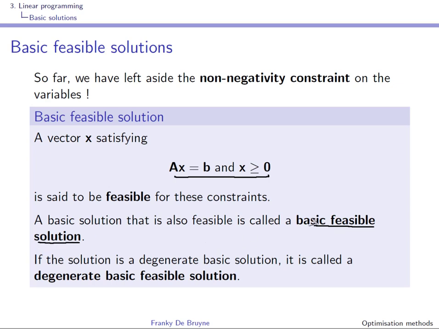Remember that in a basic solution we have n minus m components of x that are 0, and the m components that are non-zero are assumed to be non-negative. And if we have a degenerate basic solution that is feasible, meaning all components are larger or equal to 0, then we speak of a degenerate basic feasible solution.